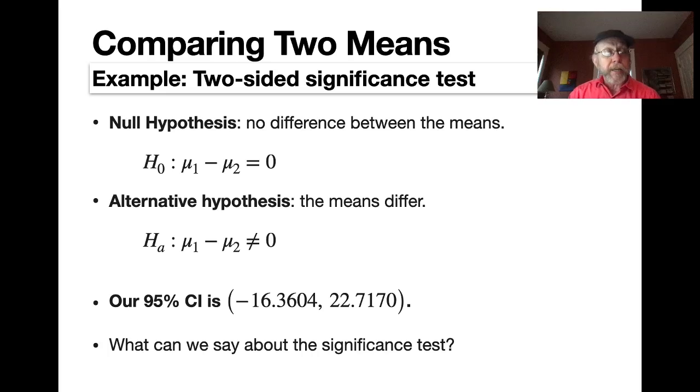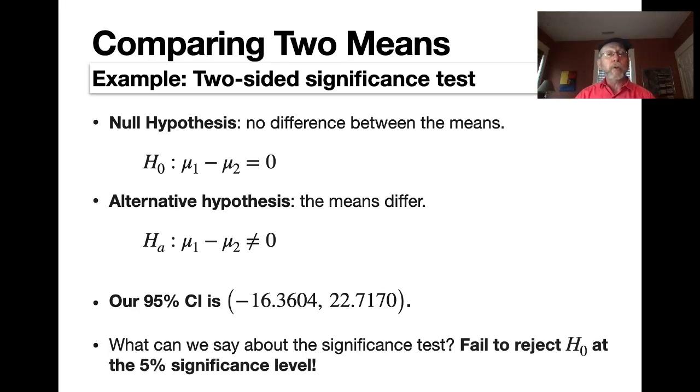Well, the significance test is asking whether we can reject the null hypothesis that the difference in means is zero. Looking at our 95% confidence interval, we see that 0 is a totally plausible value for the difference between means, right? Because 0 is in that 95% confidence interval.